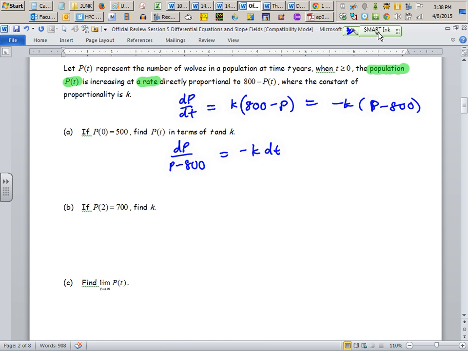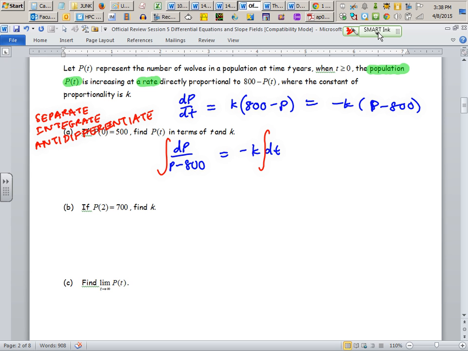Okay, time to integrate. So first we separate, then we integrate. I'll write that on the side. Separate, integrate, and now we anti-differentiate.